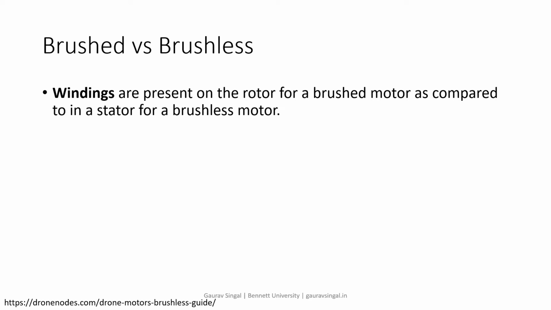So in brushed and brushless, windings are present on the rotor for a brushed motor, that rotating part. So we are showing that winding is there. In brushless, the rotor part is outside, but the windings are inside.